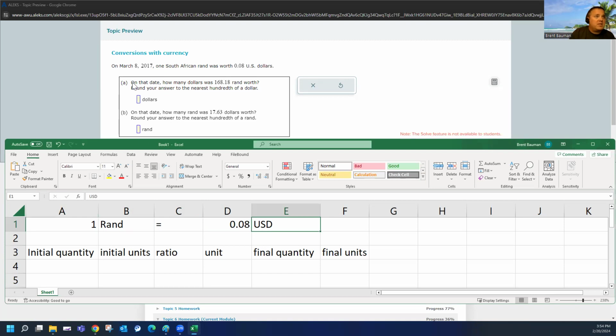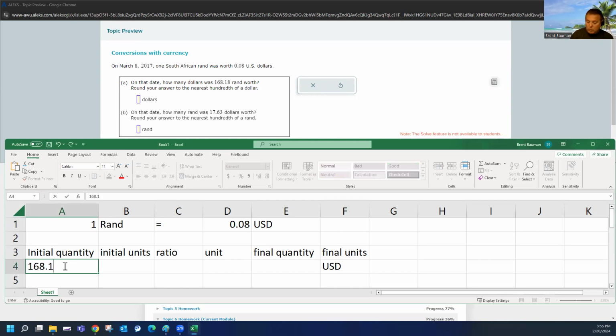The first one is asking, on that date, how many dollars? So it's asking us to get our final units to US dollars, and we're starting with an initial quantity of 168.18.